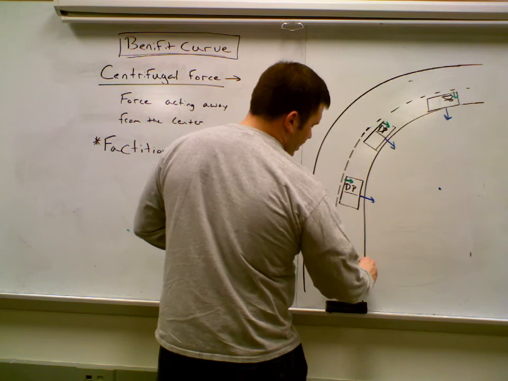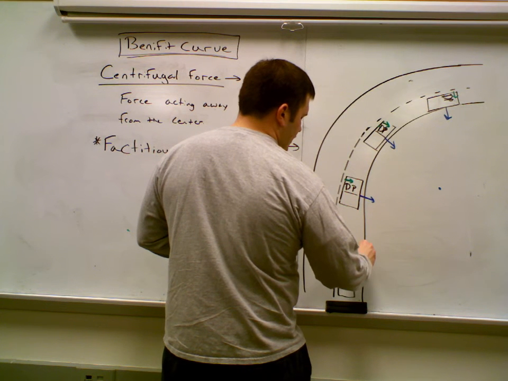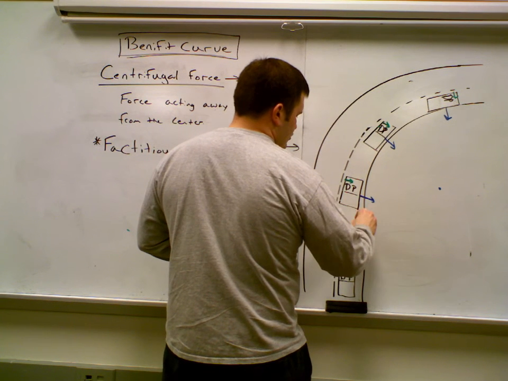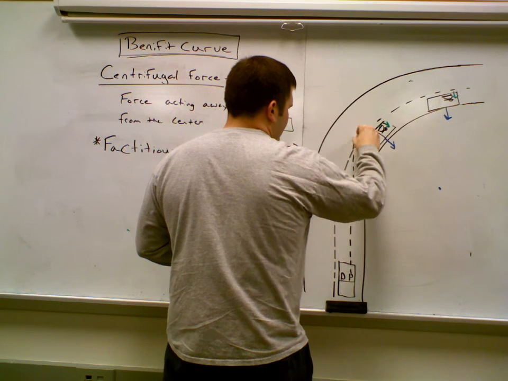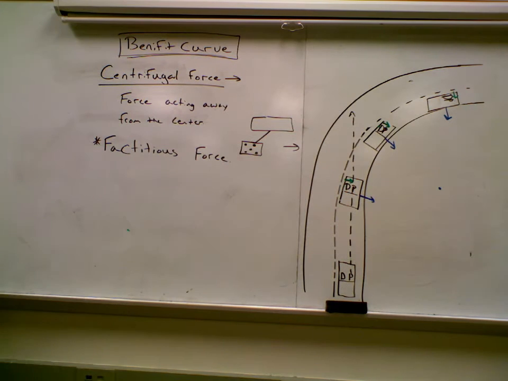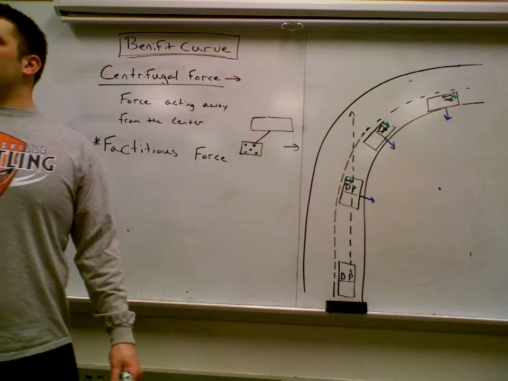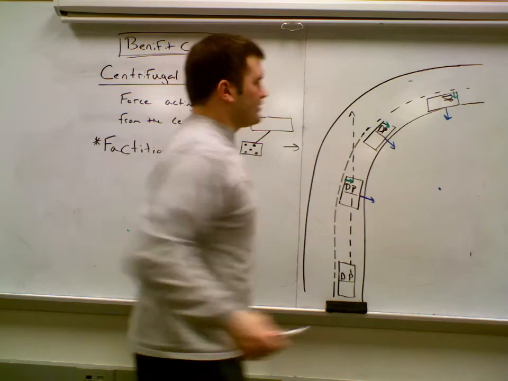So I'm going to draw a dashed line that represents the direction of the passenger's velocity at that spot. And what do you notice about those two P's? The first P and the second P are on the same line, aren't they?